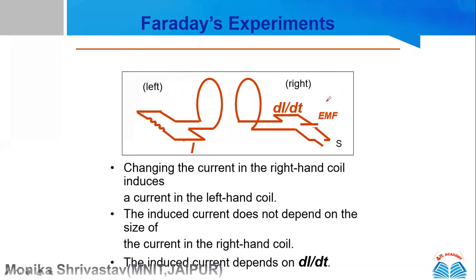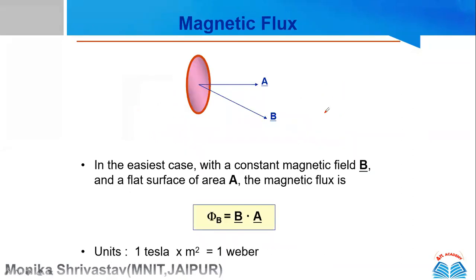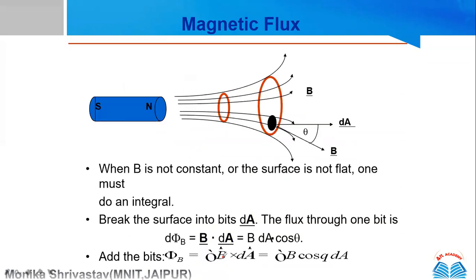So now here is EMF. And what will happen? The direction of the magnetic field and the surface area have some angle theta, and thus we get some change in magnetic flux, like Φ_B equals B dot A, and it has the unit Tesla meter squared, that means Weber.